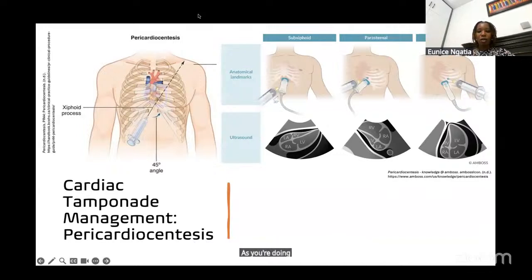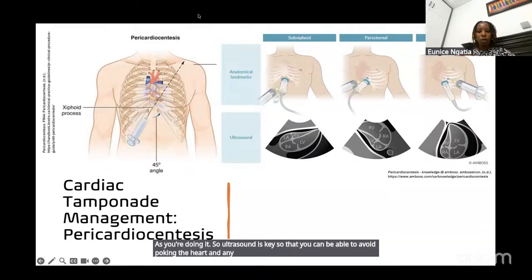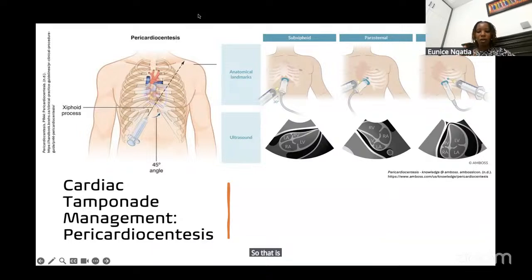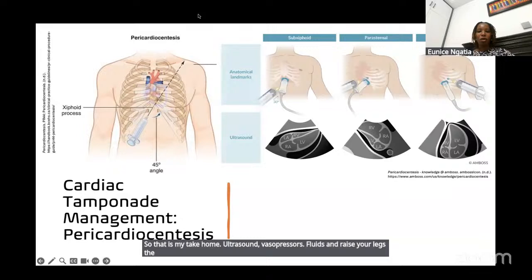Ultrasound is key so that you can avoid poking the heart and any great vessels. So that is my take home: ultrasound, vasopressors, fluids, and lift the legs to increase preload.